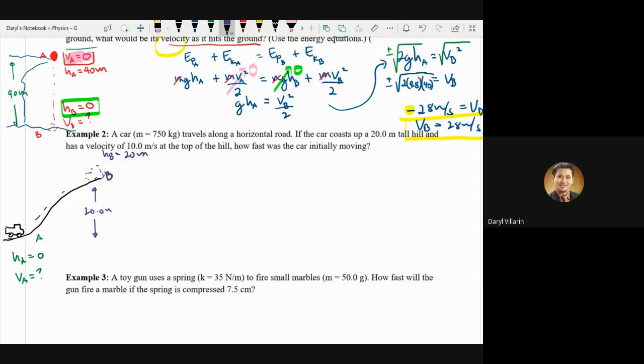And given that at the top of the hill, its speed is 10.0 meters per second, I have just 2 points here, and I want to get my V sub A. So how fast is this particular car initially moving?